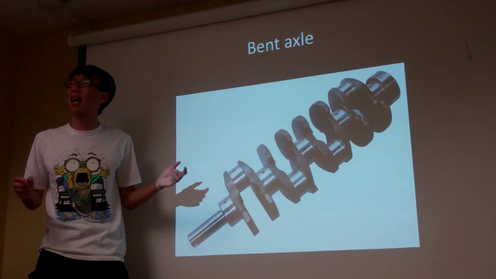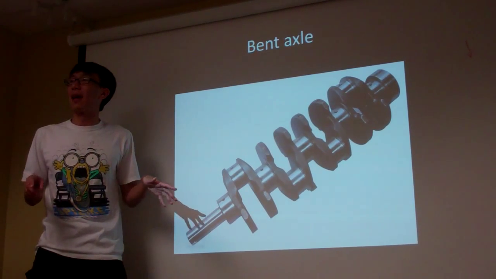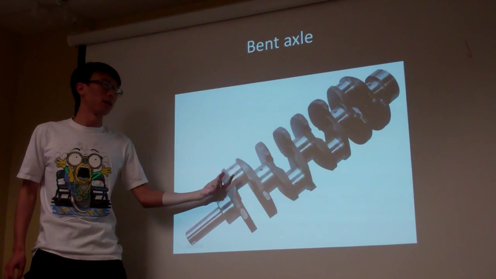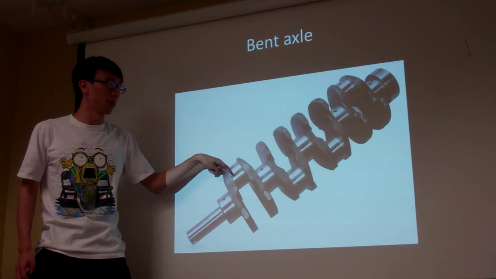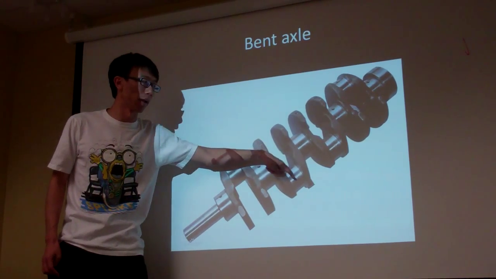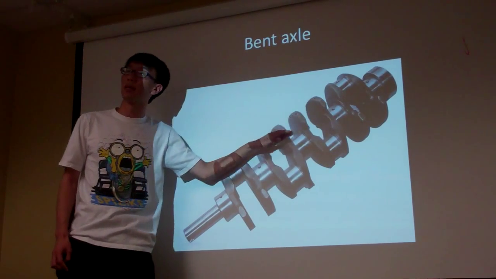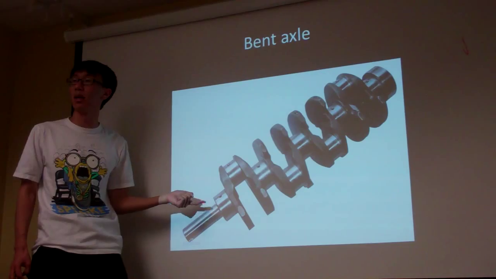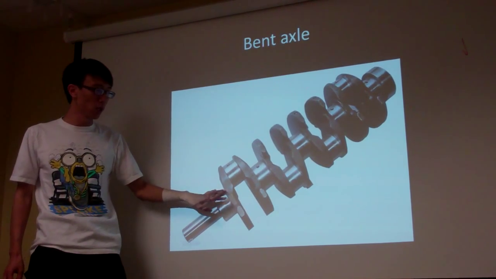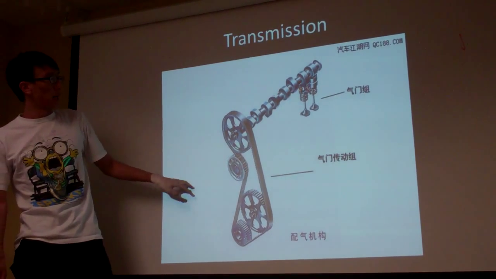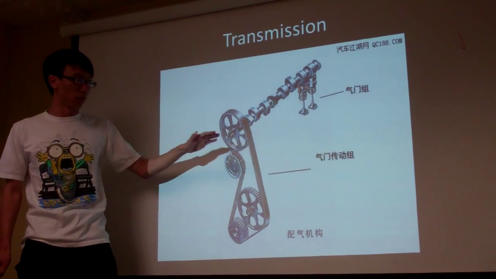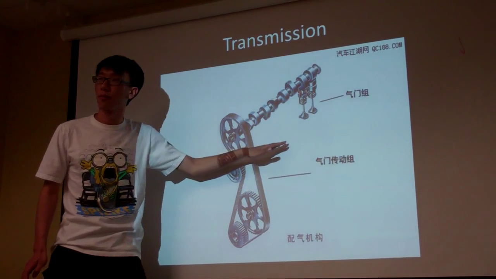Why is a V8 car more powerful than a V6? Because it will have 8 of these. It means more power to make it rotate faster and stronger. So that's powerful.